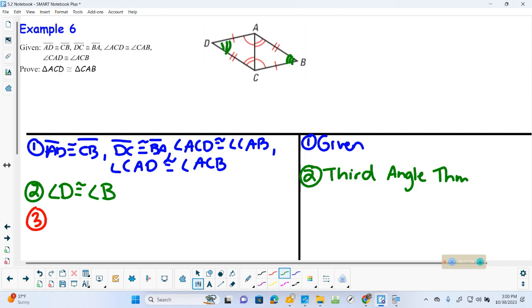Okay, what is the last side we need to show that doesn't have a congruent mark on it? Last side we got to work on. What side doesn't have a congruent mark? It's in the middle. AC. So this guy. Now, I love it when you have a shared side because it's on both triangles, so it's going to be congruent to itself.